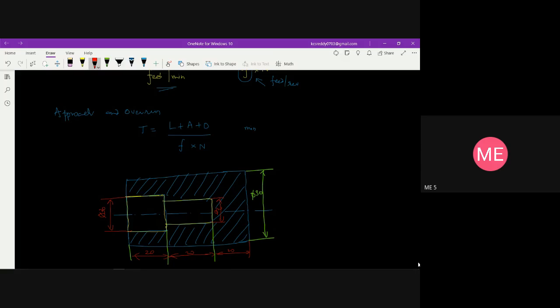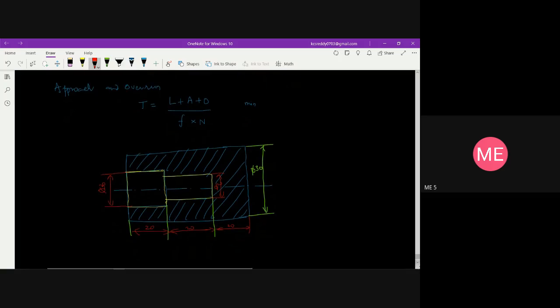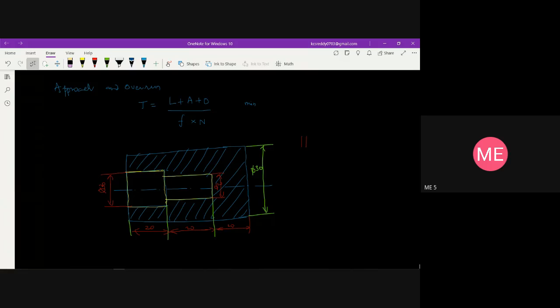We need to find out how much time is taken to prepare the job. The given blank is also 30 now, sir? Isn't it 30? Oh, sorry, then it will be 50. Yeah, 50, okay. Right.